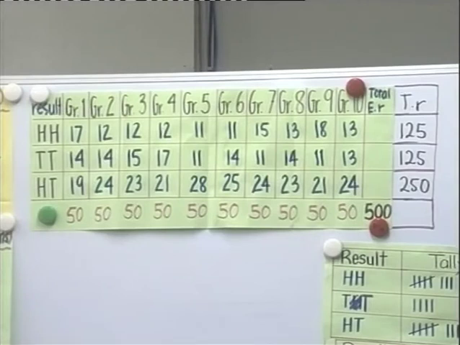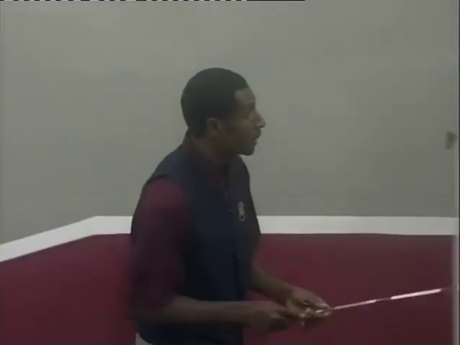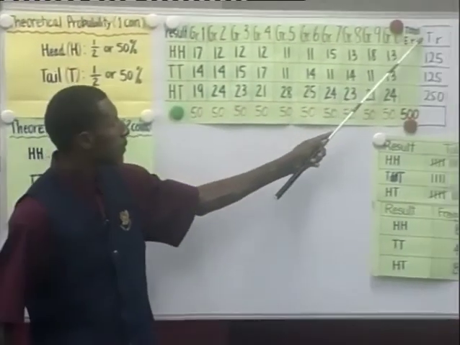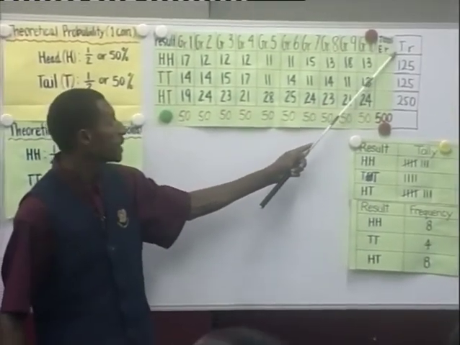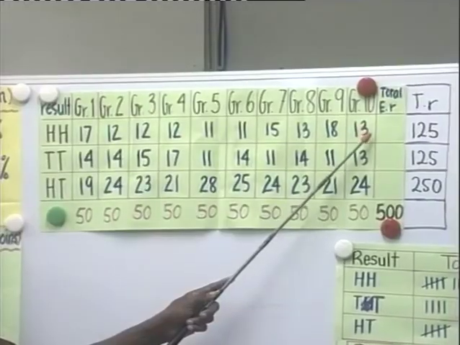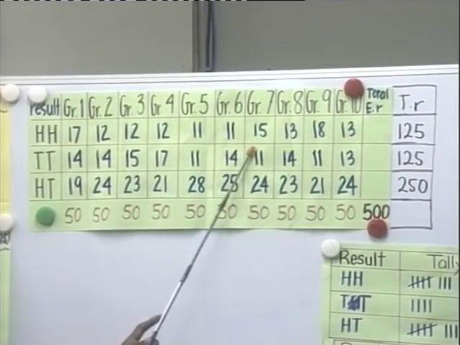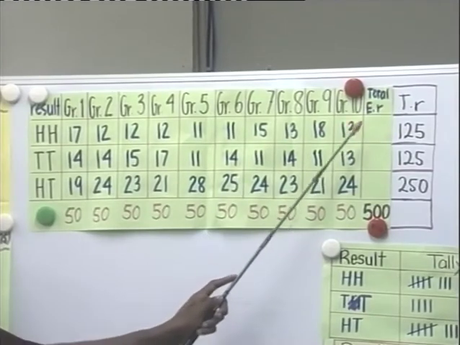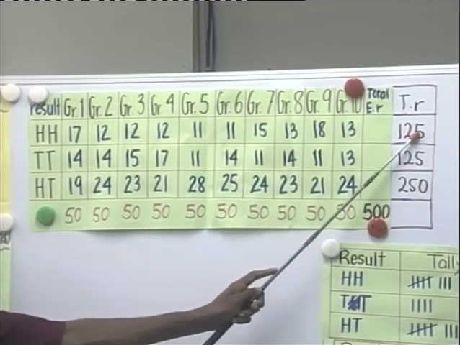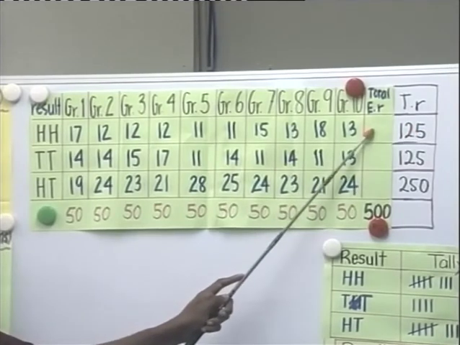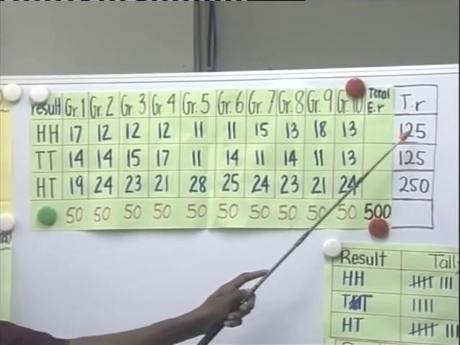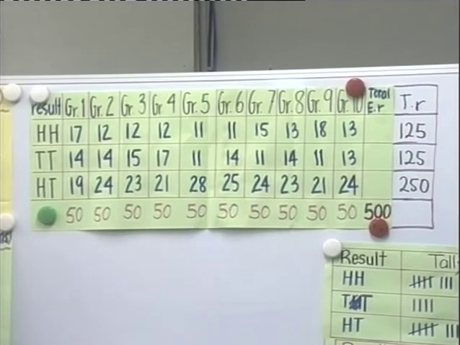TR stands for theoretical result. The theoretical result will not be the same as the experiment result. So what you are calculating is the experiment result, and this is the theoretical result. Please have that in mind.